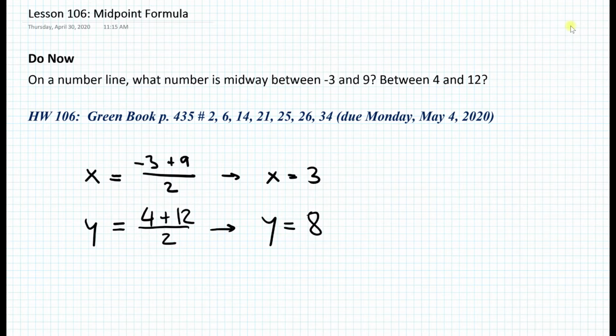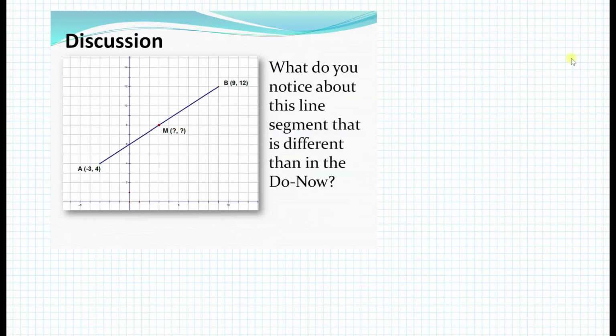Let's plot these numbers, okay? So let's say that -3 and 9, let's call this our point x, so x1, and I'm going to call this x2. And this I'm going to call y1 and y2. And let's plot this and see what we can deduce from this, okay? So here's the graph.